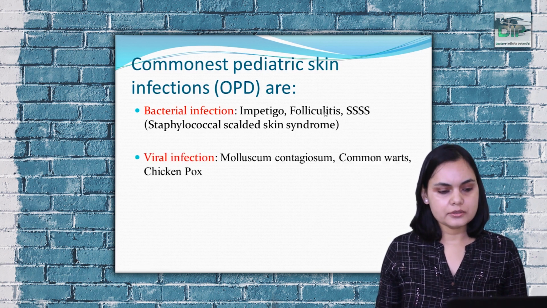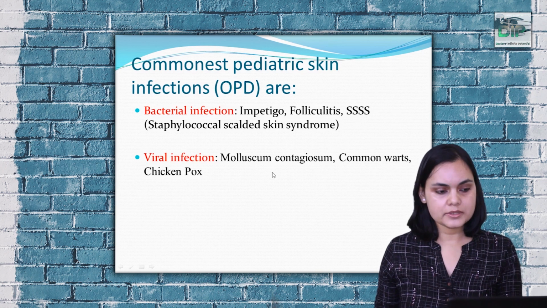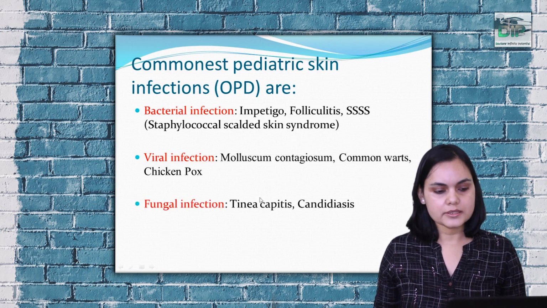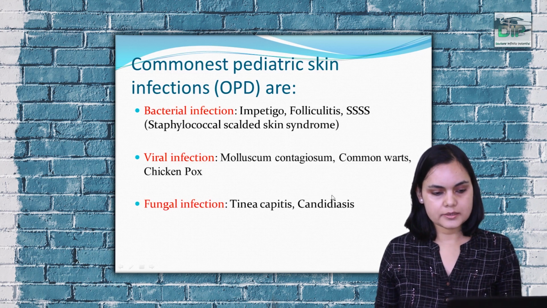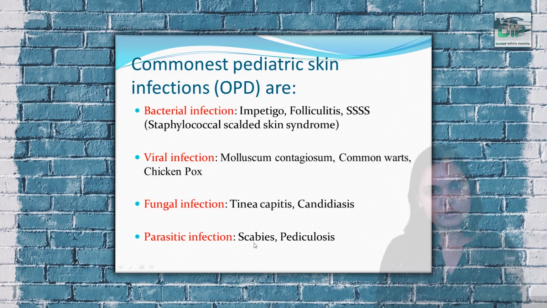Similarly, in viral infection, one is molluscum contagiosum, common wart, and chickenpox. These are common pediatric problems in skin. Similarly, fungal infection comprising of tinea capitis and candidiasis. In parasitic infestation, we'll commonly encounter scabies and pediculosis.